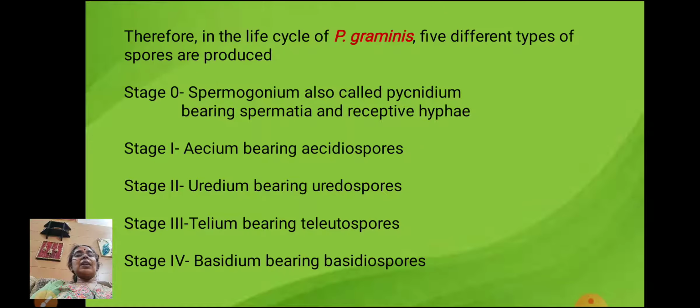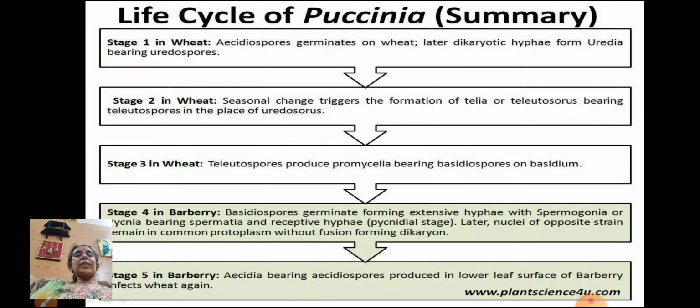So, in the life cycle of Puccinia graminis, five different types of spores are produced: the Spermogonium, also called the Pycnidium, bearing the spermatia and the receptive hyphae; Aecium bearing the aeciospores; Uredium bearing the urediospores; Telium bearing the teliospores; and Basidium bearing the basidiospores.